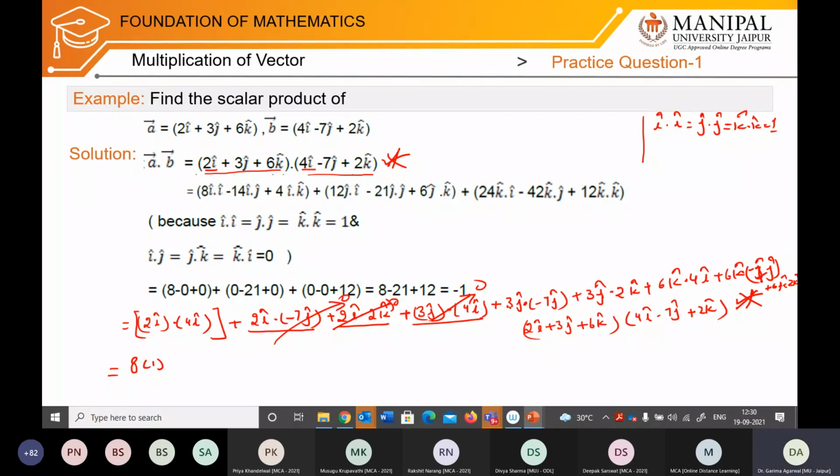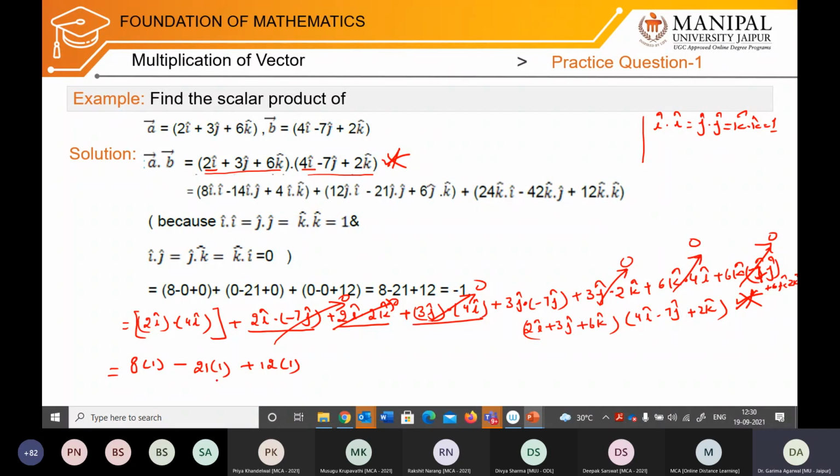Now here again, 7 into minus 7 into 3, that is minus 21, and j cap dot j cap is 1. Now again j dot k is 0, k dot i is 0, k dot j is 0, and then k dot k, that is 6 into 2, 12.